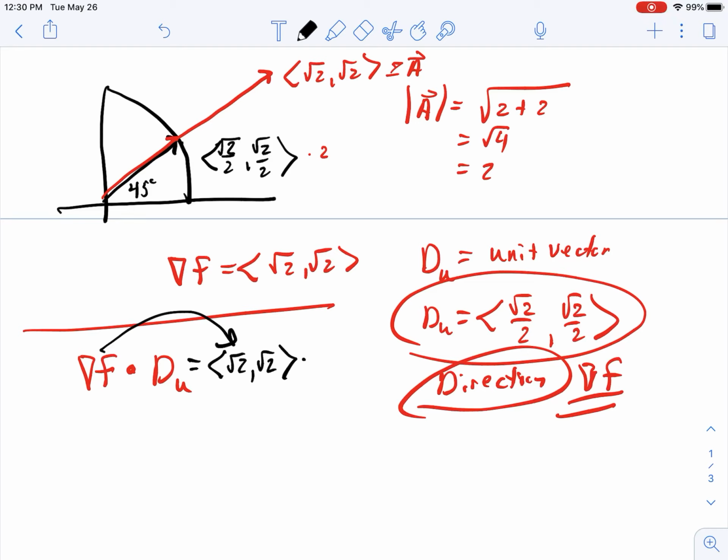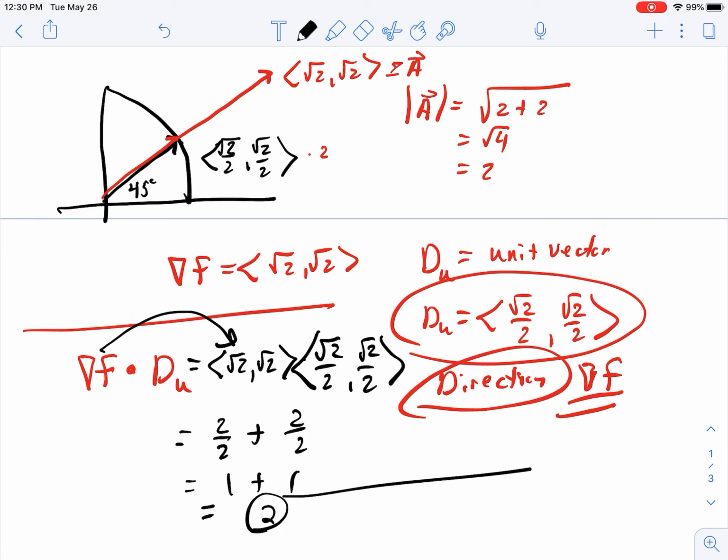And then multiply by my unit vector, or my direction that I want to take my partial derivatives, which is, again, a unit vector, root 2 over 2 and root 2 over 2. And if I do the dot product on this, what do I get? 2 over 2 plus 2 over 2, and 1 plus 1, which is 2. Well, notice that's the magnitude of that vector in that direction.